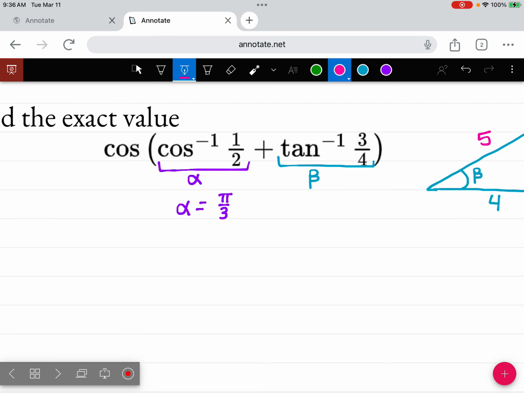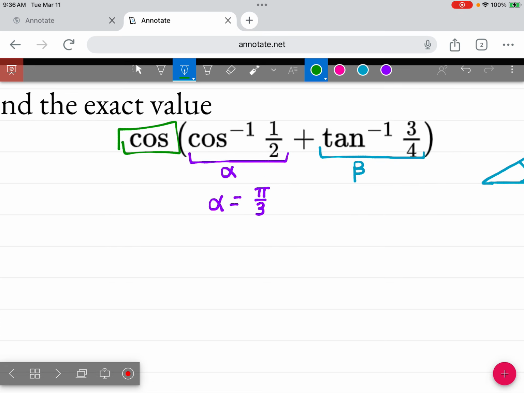The reason that's helpful is because when we're asked to do our cosine of this sum, we're going to bust out our angle sum formula, where cosine of alpha plus beta is cosine alpha cosine beta minus sine alpha sine beta.